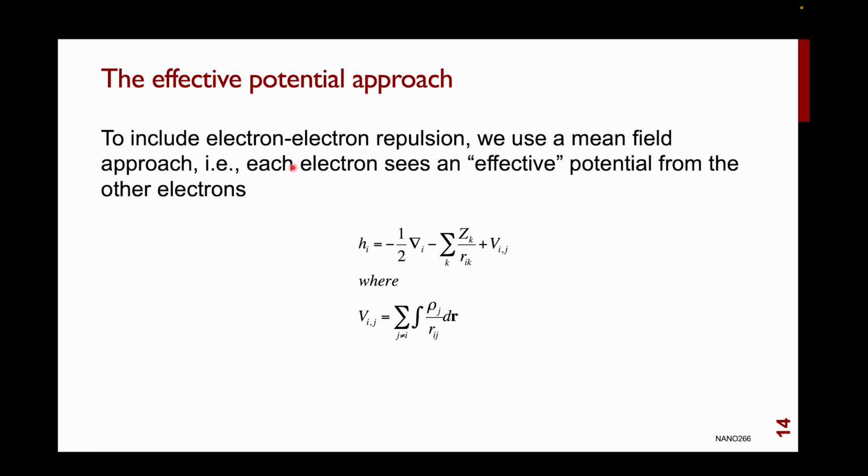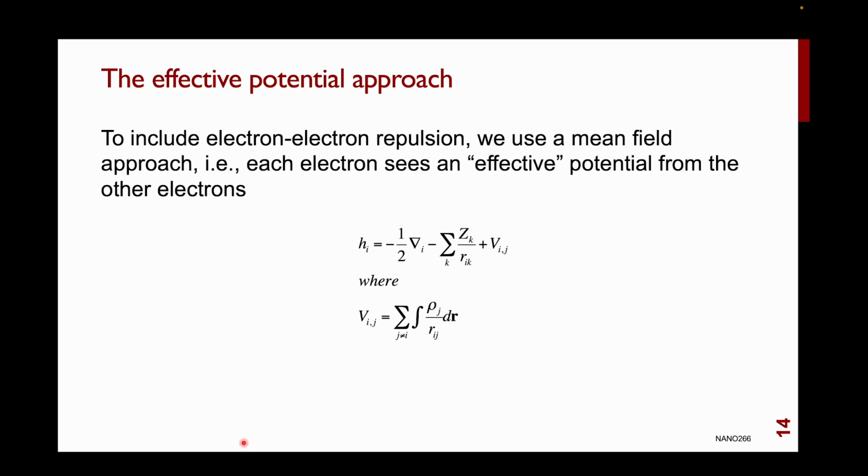For now we are going to denote this effective potential with this V_ij, and this V_ij is just equal to the summation across all the electrons except the electron itself, where we integrate the charge density divided by r_ij, which is basically the electrostatic repulsion term from all the other electrons.